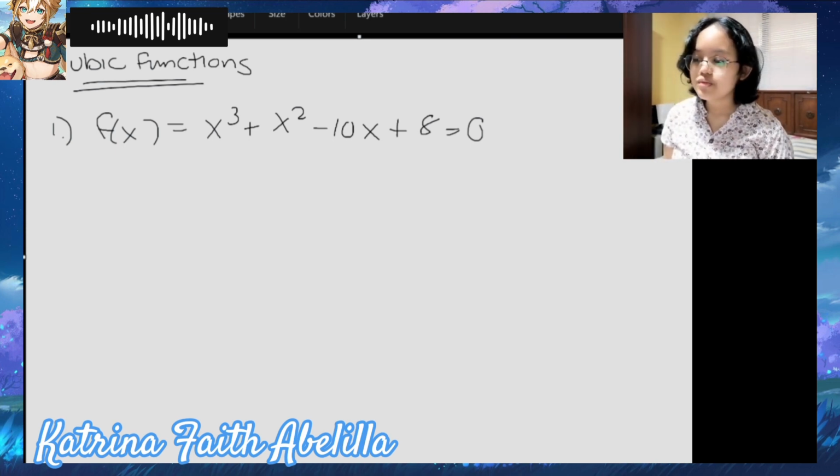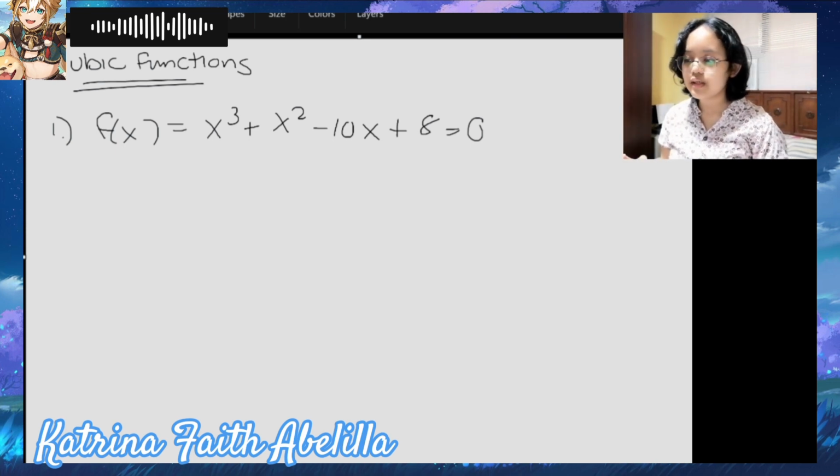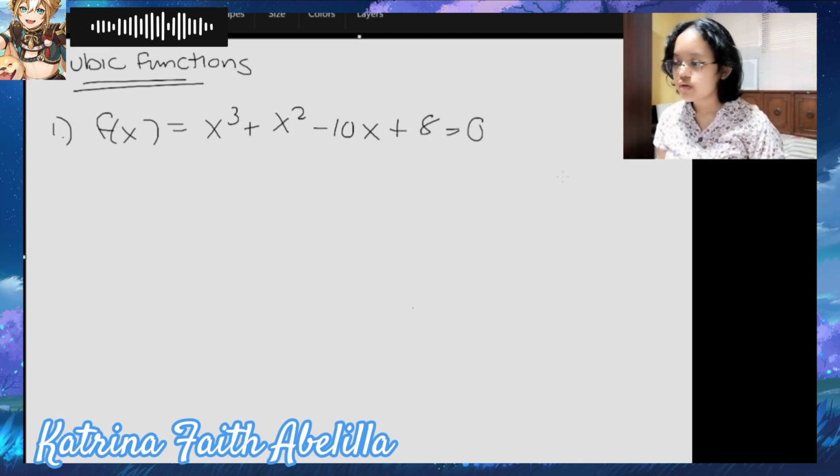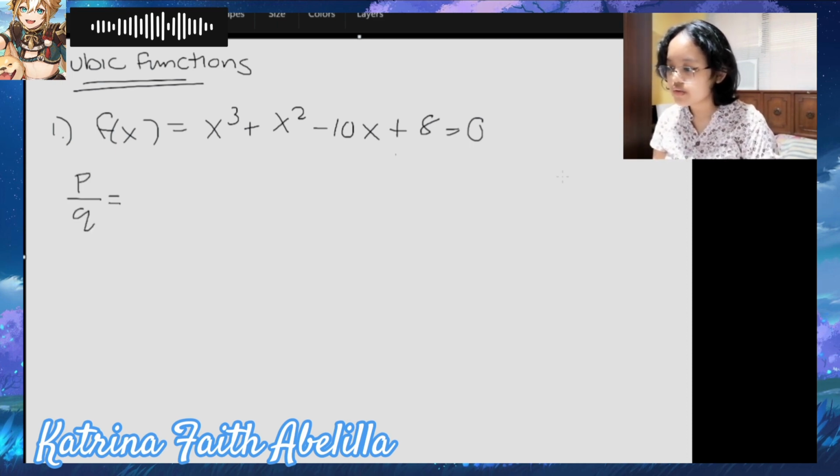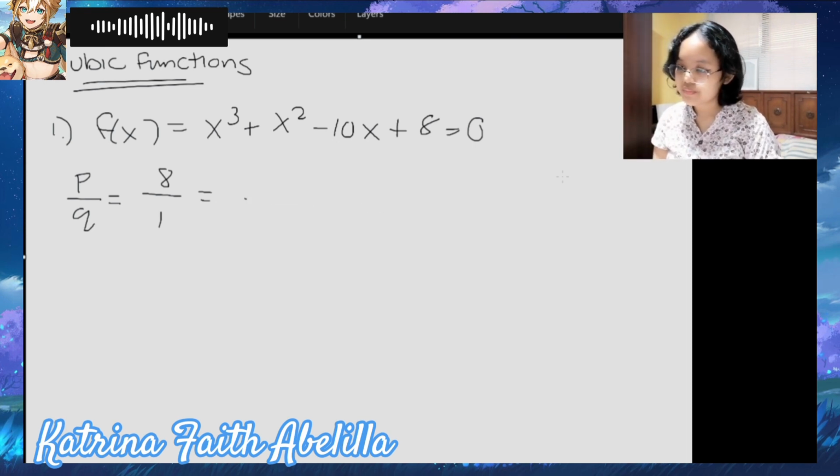To find its zeros, we could use the rational root theorem, which eliminates any possible roots or zeros that could be used. The formula is p over q. P is our constant term, q is our leading coefficient. So in this example, our p is 8, q is 1. Then we'll be writing their factors.